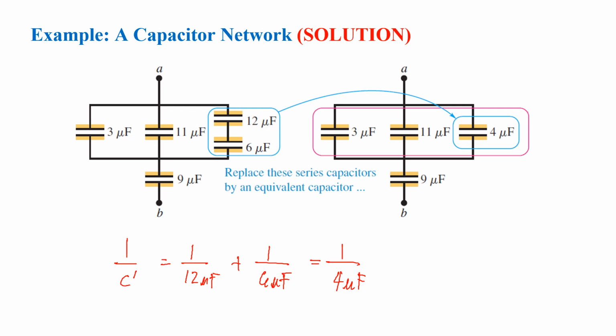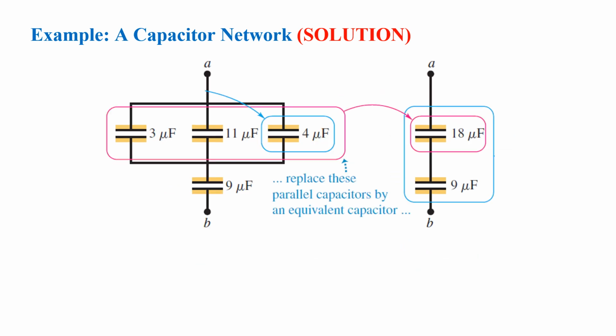To get the equivalent capacitance, we take the reciprocal, so C prime is equal to 4 microfarads. So the two capacitors in series become a single capacitor of capacitance 4 microfarads.